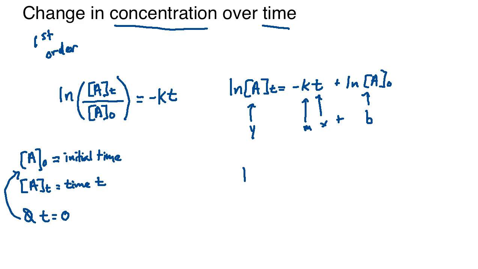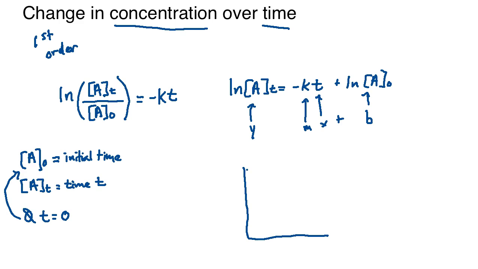So why is this useful? Because I can then create a graph if I have some data for these values, and if I have an equation that relates this, I can find the concentration at any given time, provided I know the x, the amount of time that's elapsed from the initial time. So this is very useful for us.